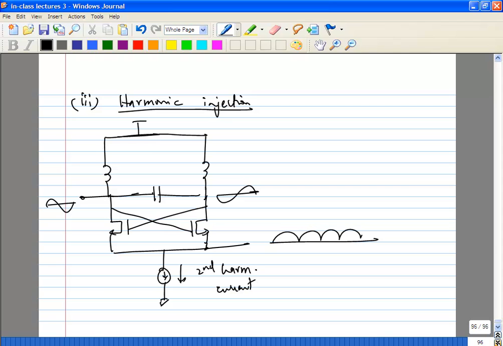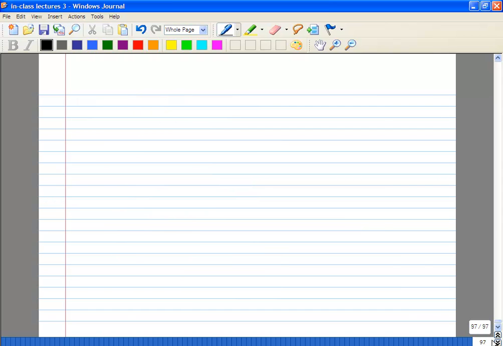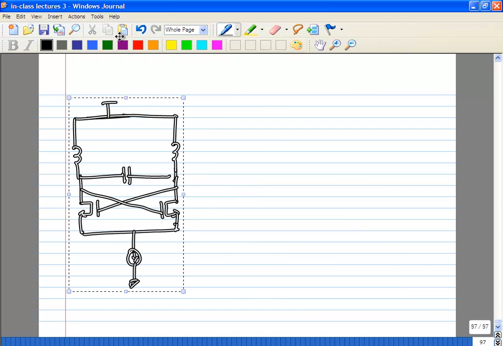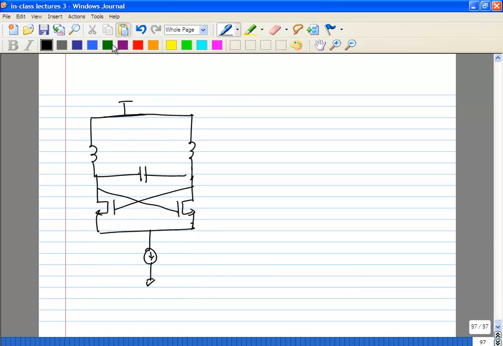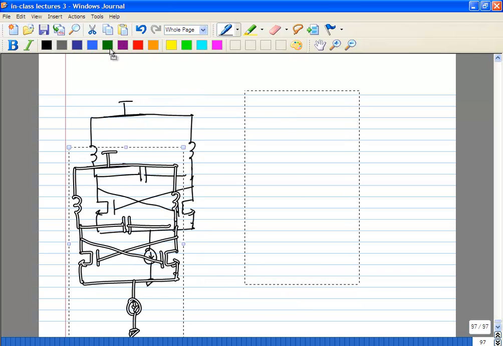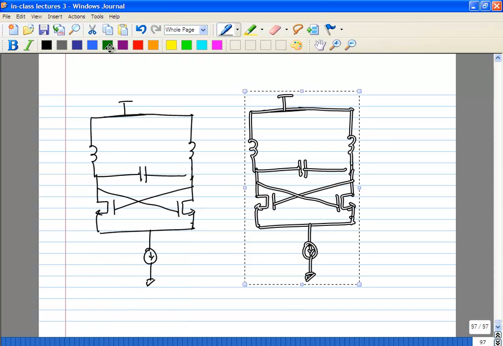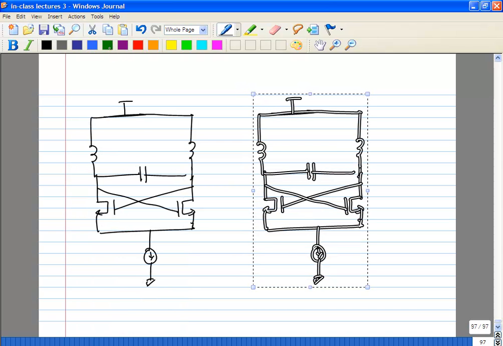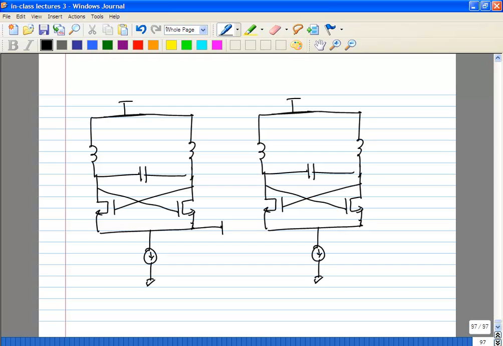So there are many ways to do this. So for example, some people have done this. Okay, that's a capacitive coupling. So what happens is, you'll have some kind of second harmonic current till it gets coupled. Okay, some people have done this.